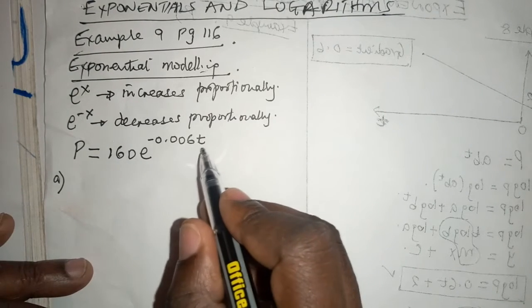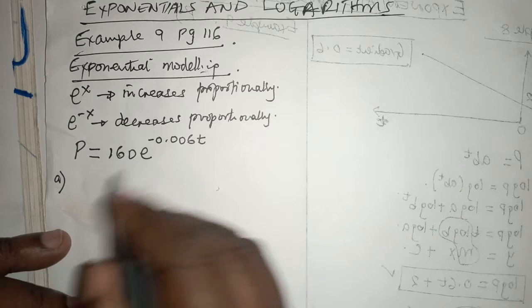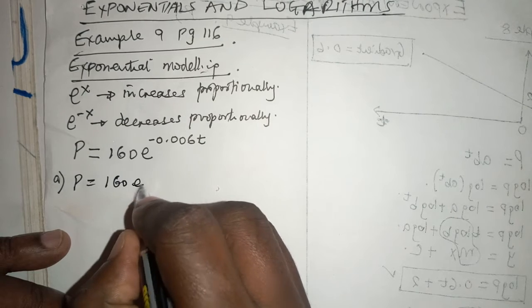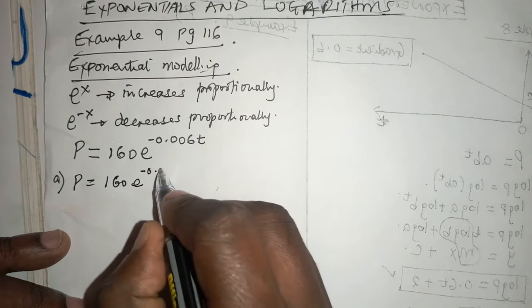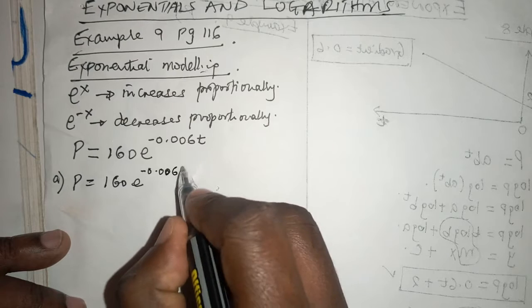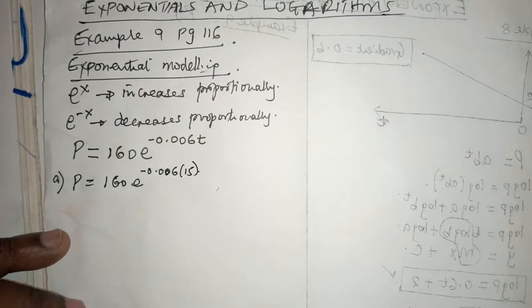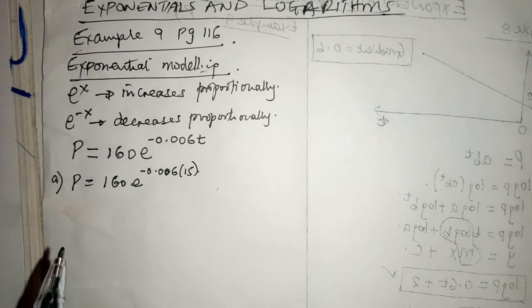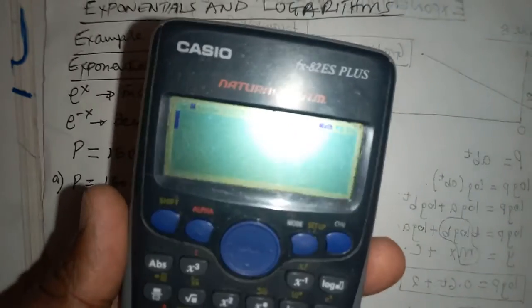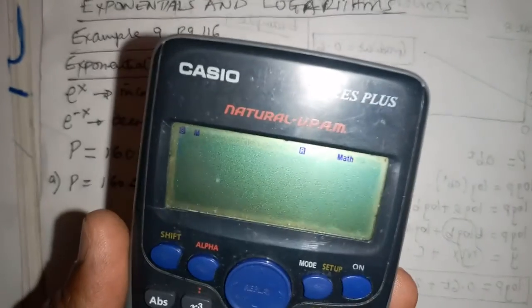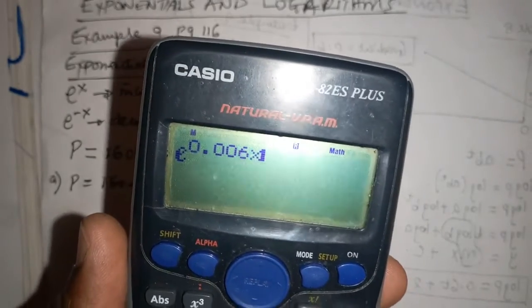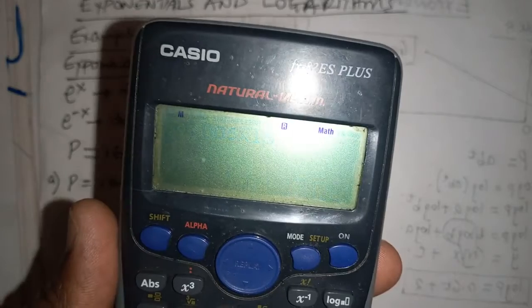So it is just a matter of substituting t with 15 here, and P is going to be 160 multiplied by e raised to power negative 0.006 times 15. What does this give us?